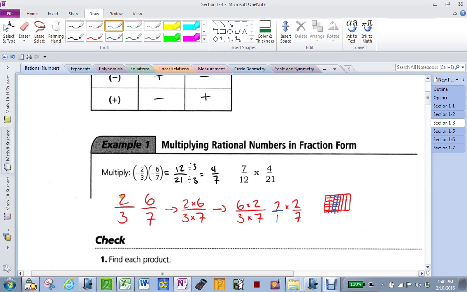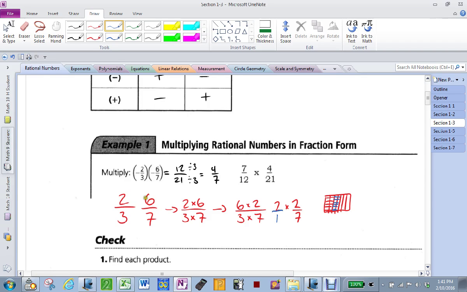2 in this question is being divided by both 3 and 7, isn't it? Because 2's on the top and 3 and 7 are on the bottom. And 6 is being divided by 3 and 7, yes?